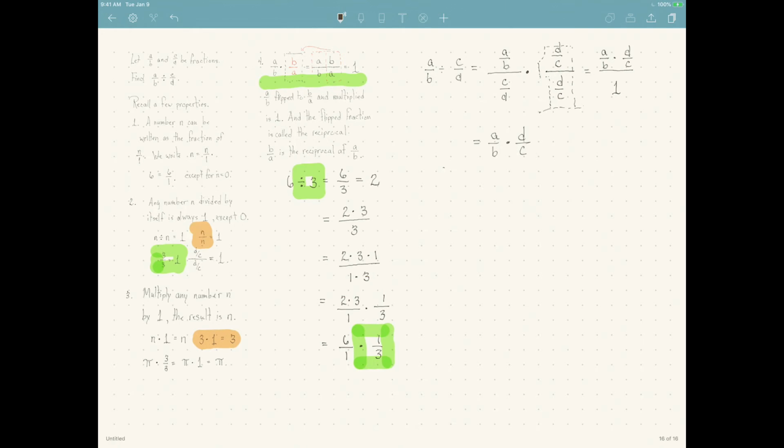We said that the division becomes multiplication, and we multiply by the reciprocal of the second fraction.